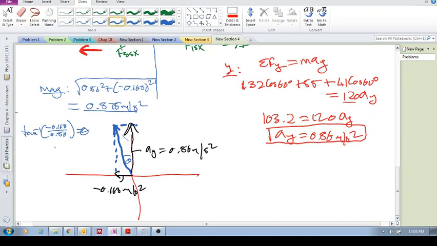Okay. And theta gives us, we are given, the answer here is 10.7 degrees. Okay? So we've got our magnitude and we've got our direction. Alright, so it's 10.7 degrees west of north, and the magnitude is that.